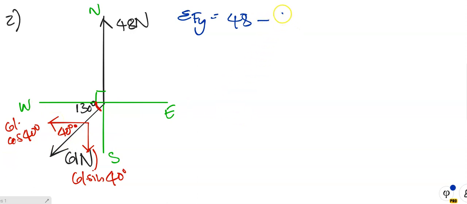Minus 61 sine 40 is equal to, pick up your calculator and work it out and check that you get the same answer that I do. Right, what did you get? I got 8.79 newtons. And the answer is positive. That means the net vertical force is going upwards.